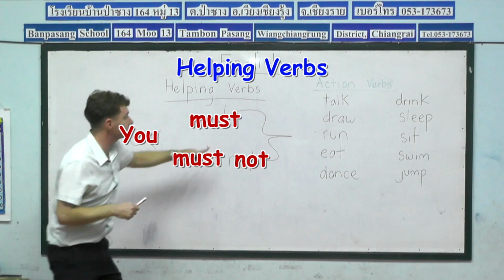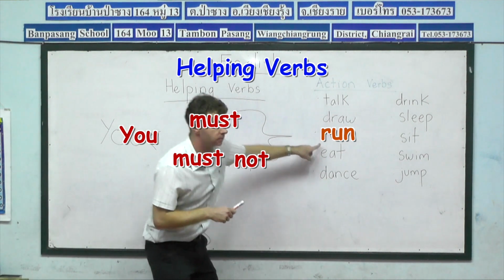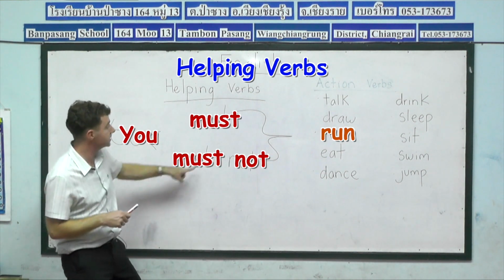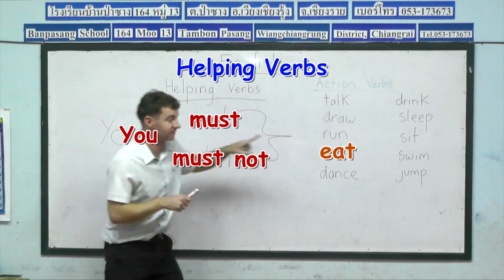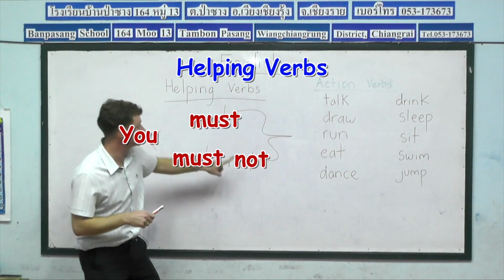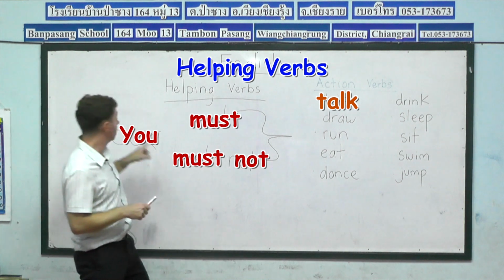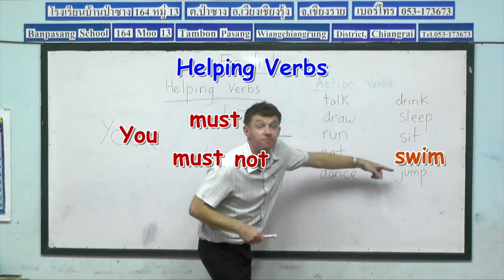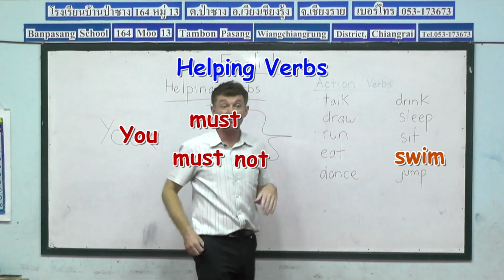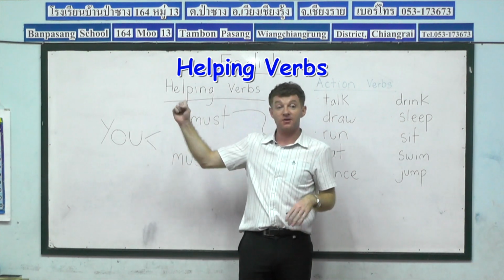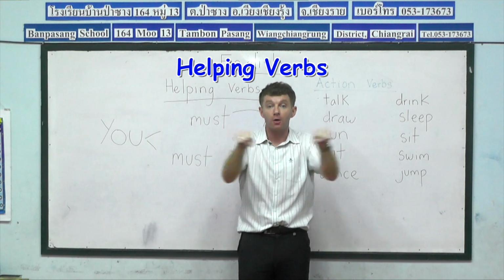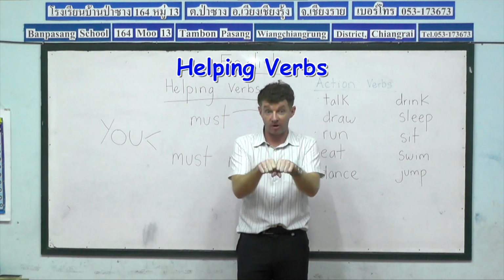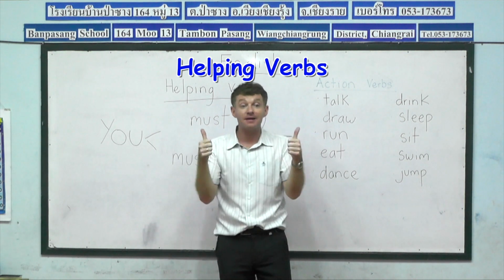You must not run. You must not eat. You must not talk. You must not swim or sleep. Well, you notice how our helping verbs and our action verbs can go together to create the phrase. Excellent, guys. That was very well done.